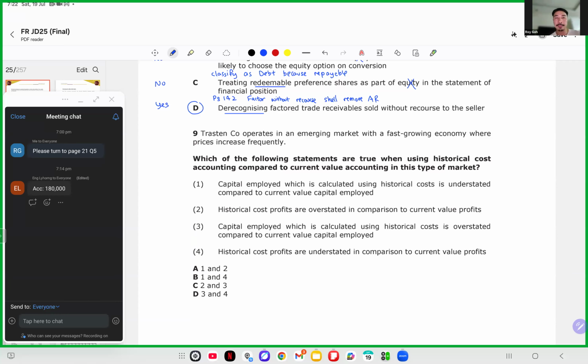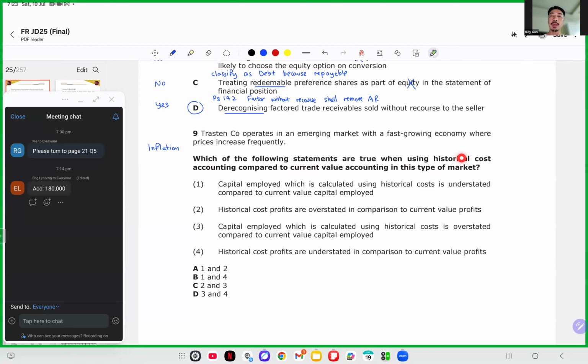So what's question 9 asking? Question 9 is asking, in an emerging market where price rises frequently, one word, it is called inflation. Price rises quickly, inflation. Which of the following is true? When you're using historical cost compared to the current cost in this inflation.